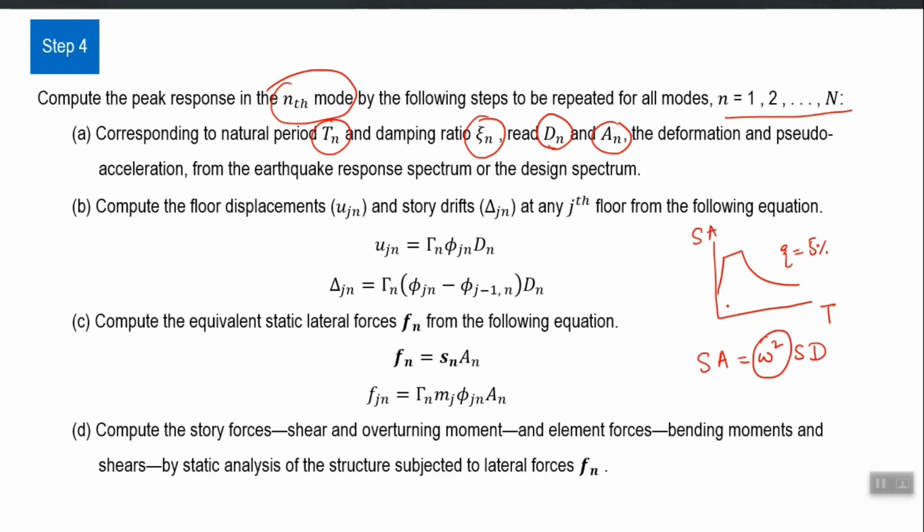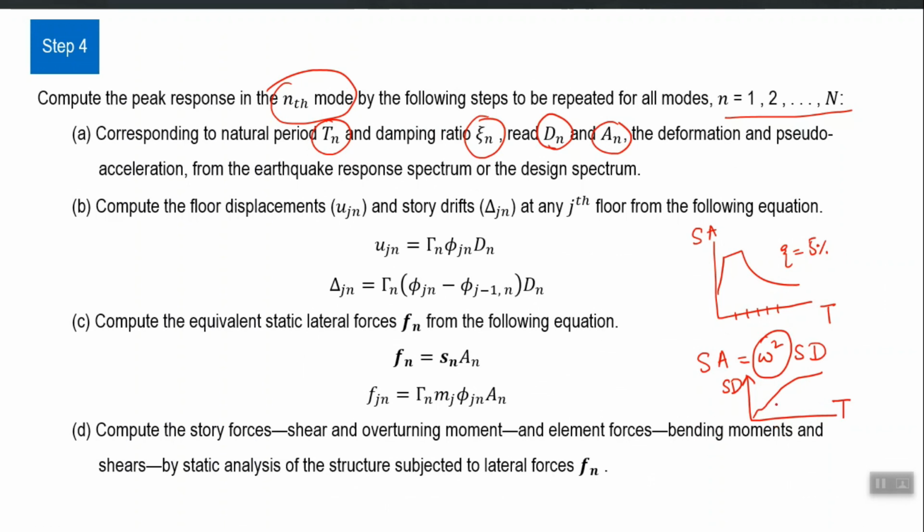So point by point you know the omega or time period, they are interconvertible. So point by point you can convert SA versus time period into SD versus time period, right. So code in a sense also provides you the displacement response spectrum. So if you convert SA into SD, you may have a line like this, right. It will be increasing with time period.